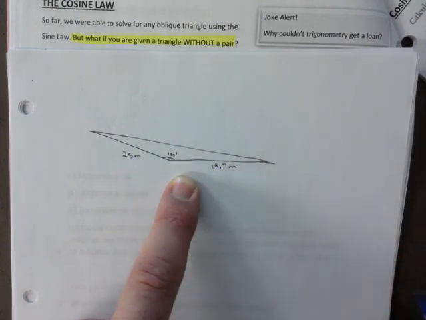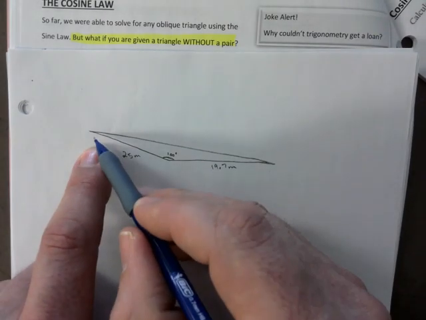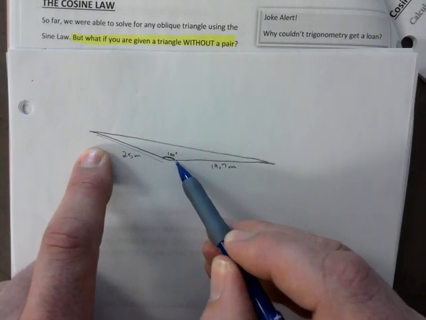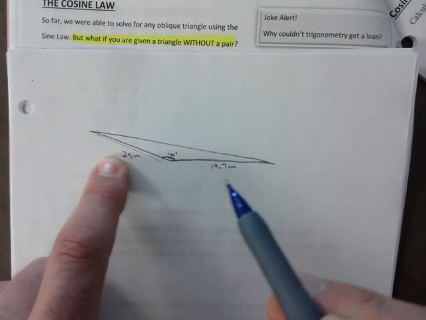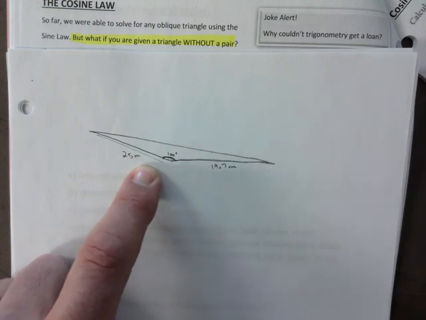Sometimes because it looks weird, you might not notice that it's an SAS, but just think about it: I have a side, I have the angle that connects it, I have the other side. This is definitely cosine law. Or just think about it, there is no pair.